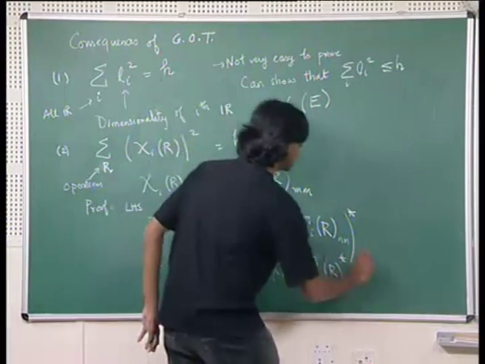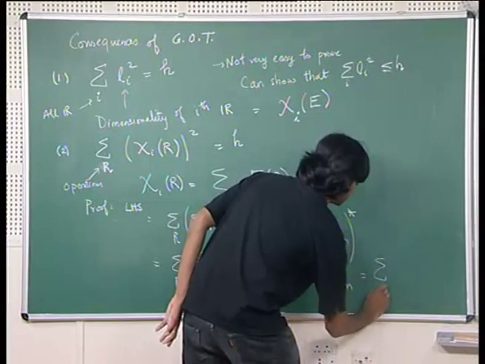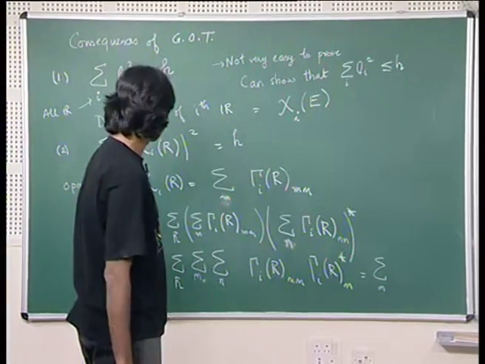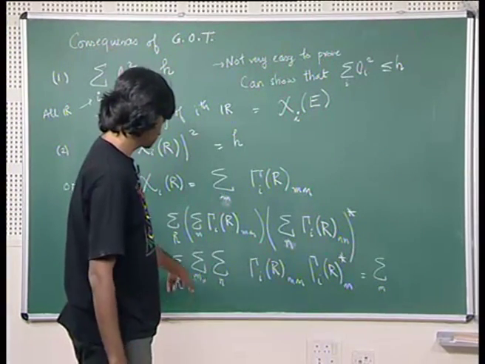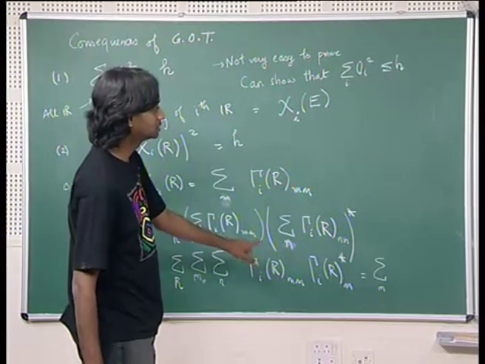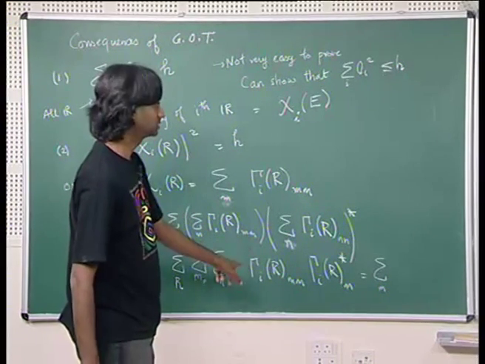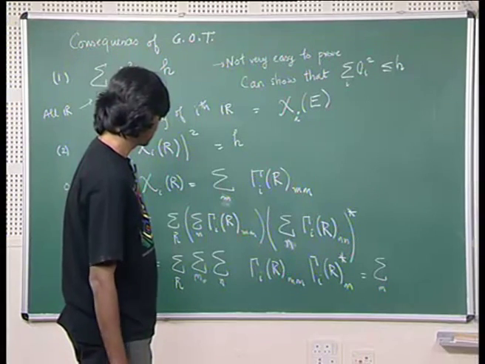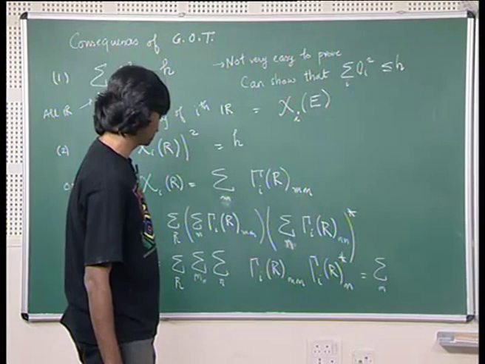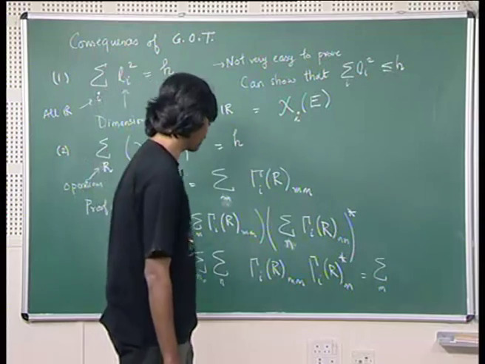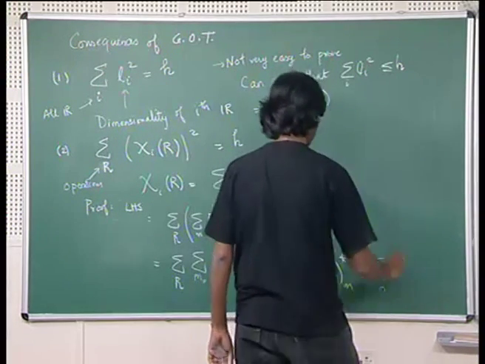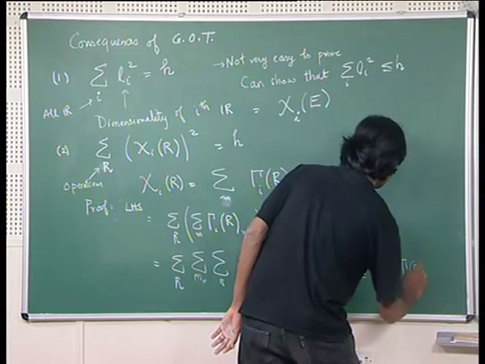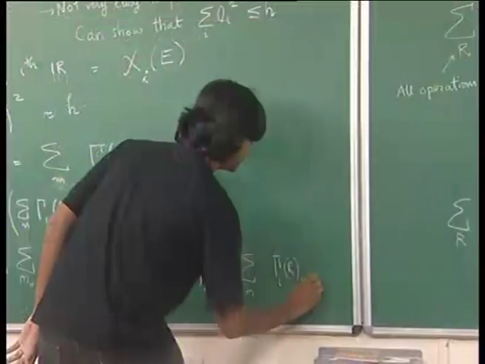So all I will be left with is the sum over m of gamma I of R m m.